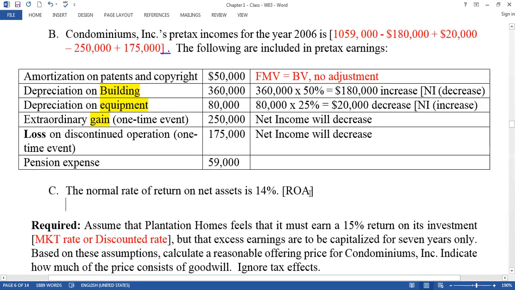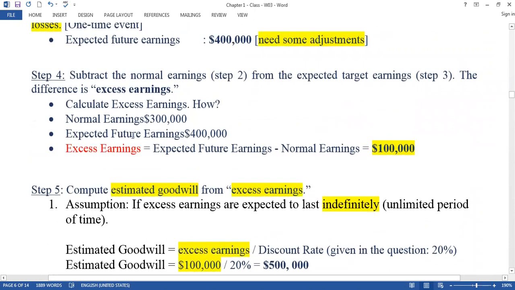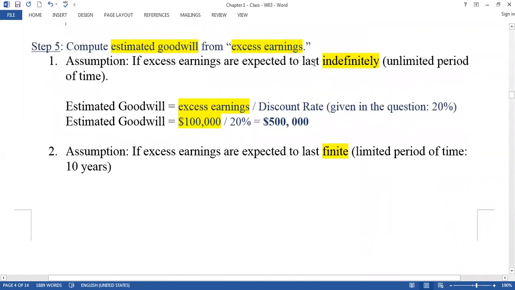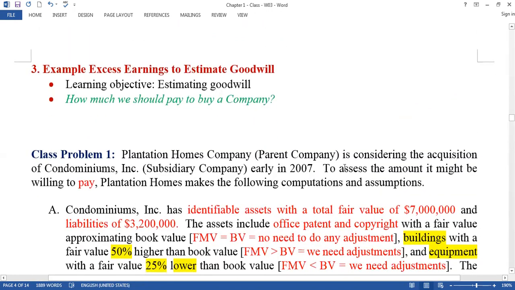And I told you about this step. When we calculate excess earnings, we must have one or two assumptions. That means this excess earnings will last an unlimited period of time or a limited period of time. So you have to read the question to see whether it is unlimited or limited.